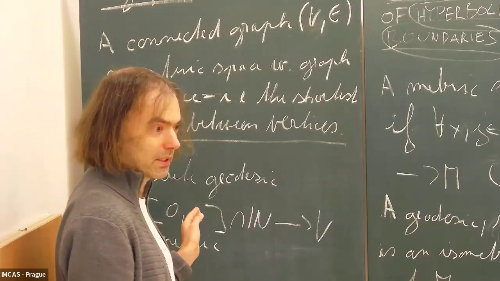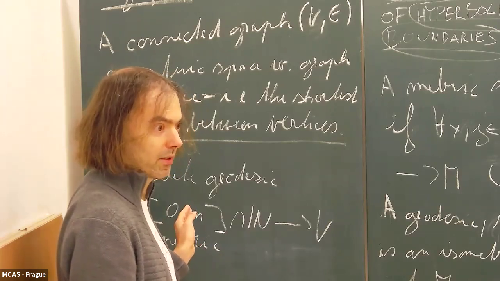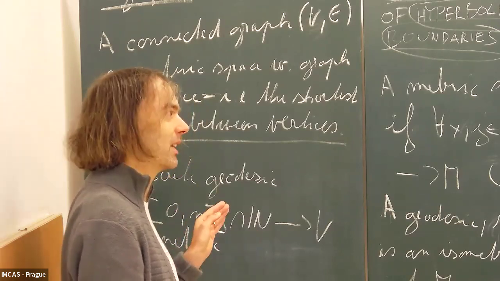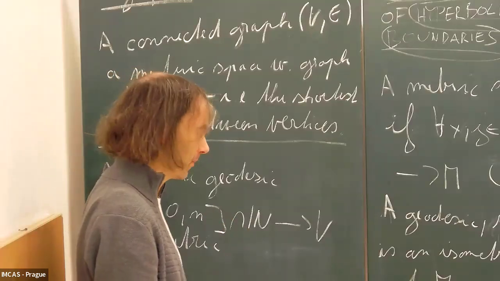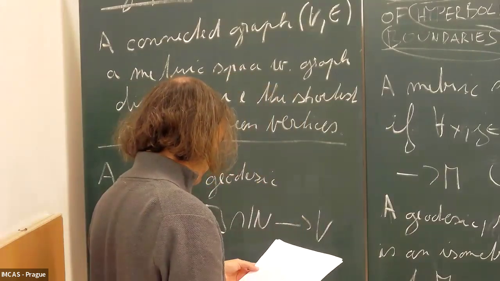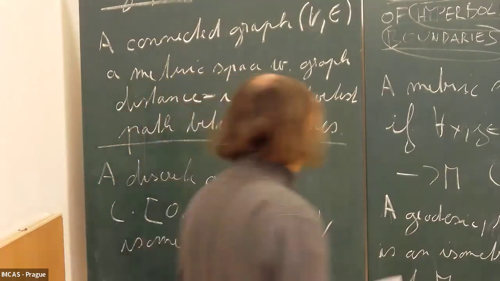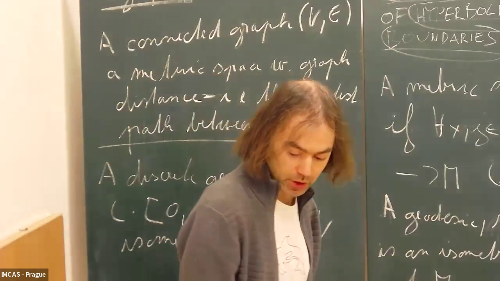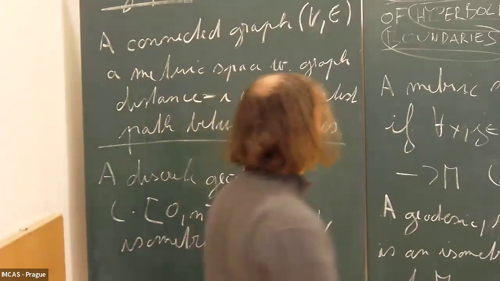Not every graph is hyperbolic, but some graphs with cycles are hyperbolic. I will present them when I get to them. I introduce this point of view because I want to define the boundary, which is slightly easier in the graph case.